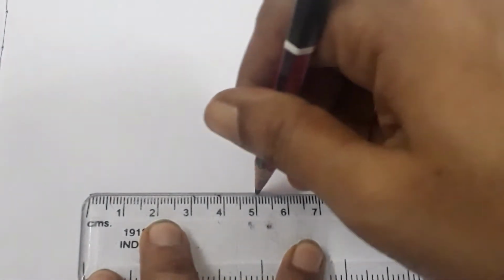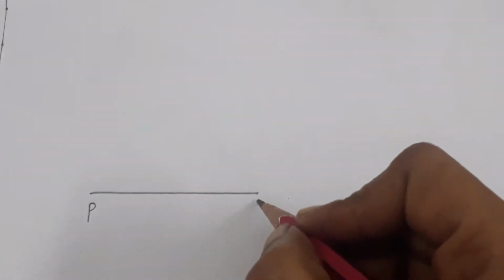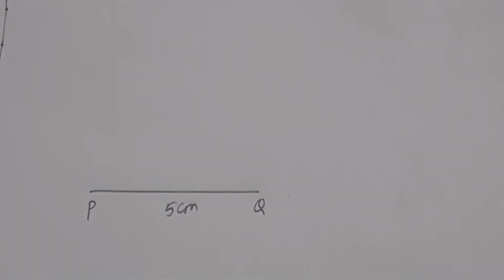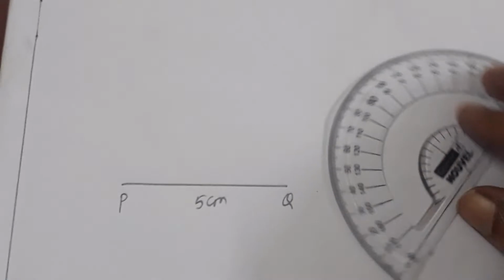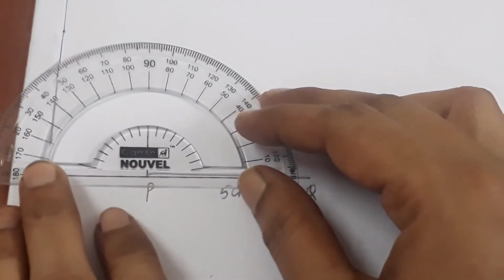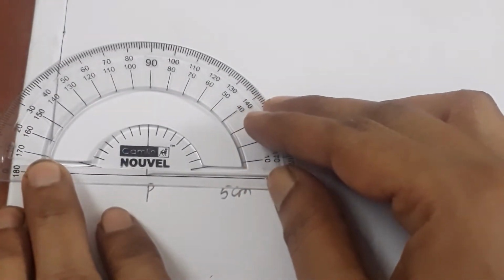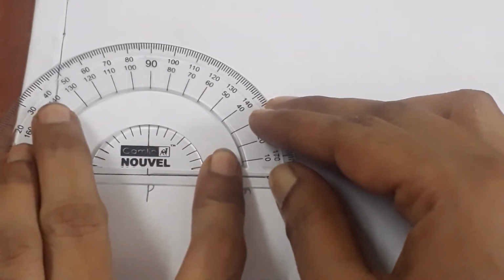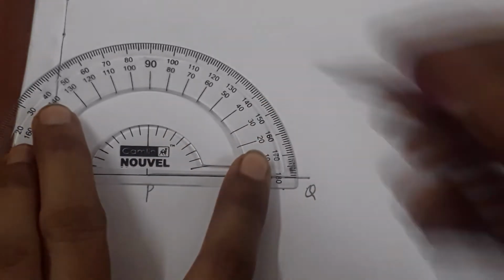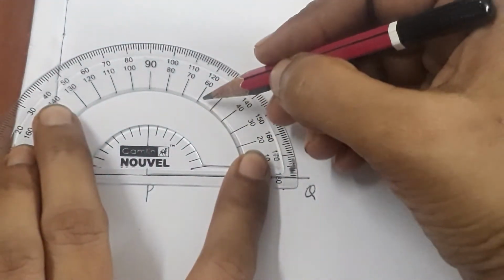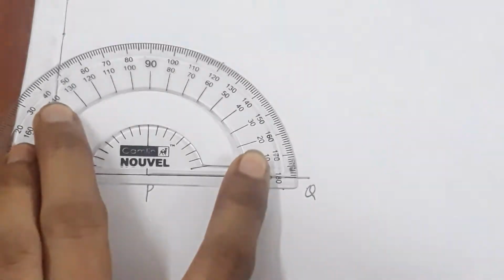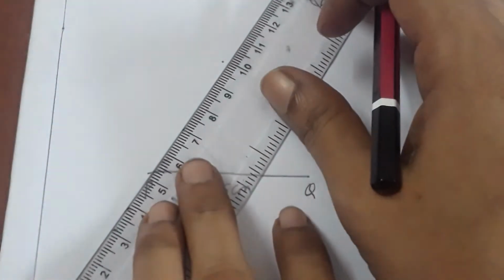So 5 cm, name it as PQ 5 cm and then take a protractor, fix your protractor at P and then measure 60 degree. 60 degree is below 90 degree. So your 60 degree is here. And then join these two.